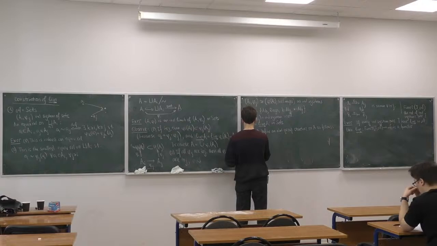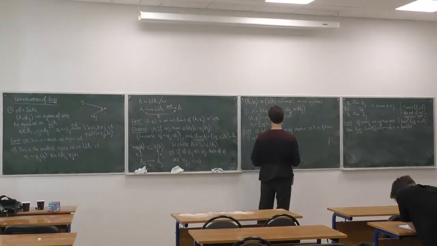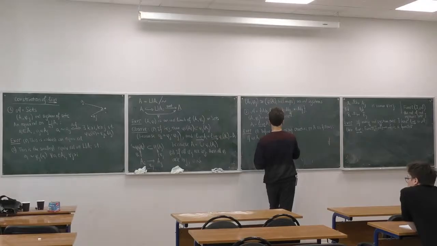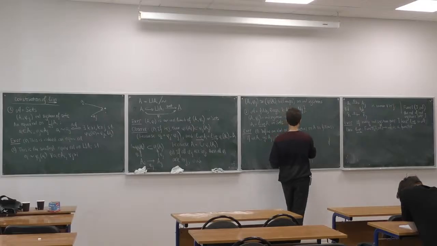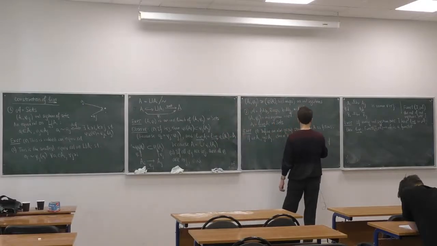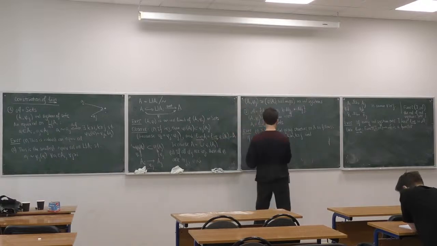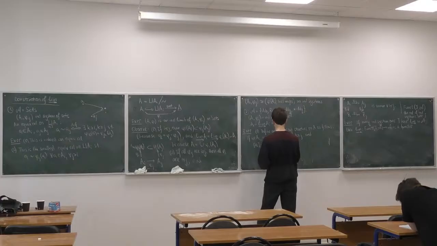So if a_i sits in A_i and a_j sits in A_j, then choose any element k which is greater than or equal to i and j simultaneously, and let the sum of the respective elements of the inductive limit, that is, of the equivalence classes of these two elements, be equal to the equivalence class of the sum of their images in A_k.